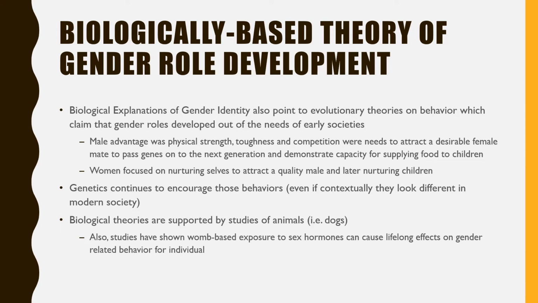Now, these biological explanations also pointed to evolutionary theories on behavior. And these claimed, and this is a claim, not necessarily hard and fast, that the gender roles developed out of the needs of early societies. And so the male advantage was physical strength. And so males were put into situations where they had to attract a desirable female mate, pass genes on to the next generation, and then also demonstrate a capacity for supplying food to children.